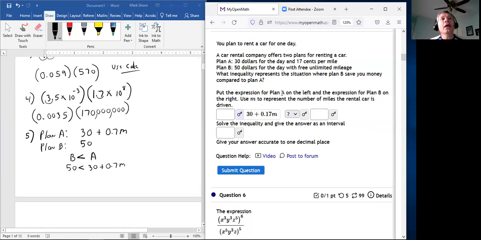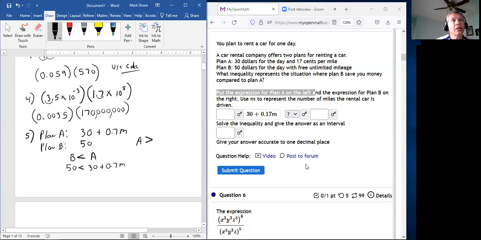Oh, it says put the expression for plan A on the left. So the way to do this is if you want B to be less than A, that's the same as saying A has to be greater than B. You know what I mean?